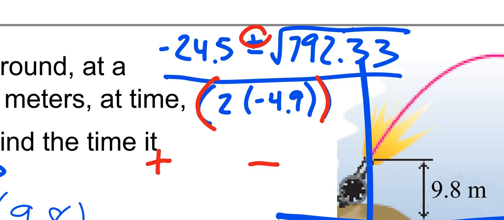When you typed in the plus, negative 24.5 plus radical 792.33 all over that denominator, what did you get? Should be a negative number. I got negative 0.37 seconds.